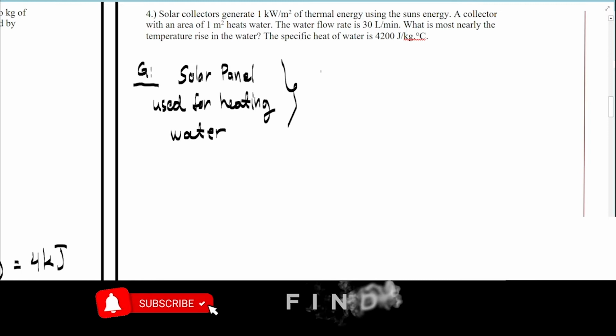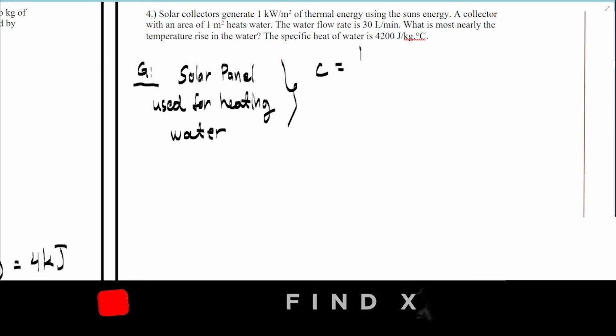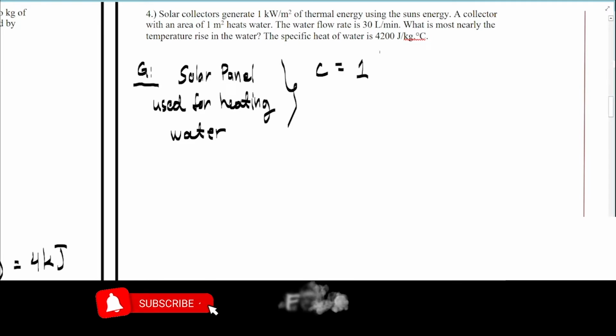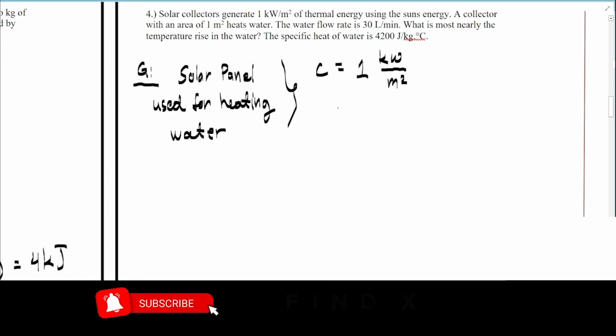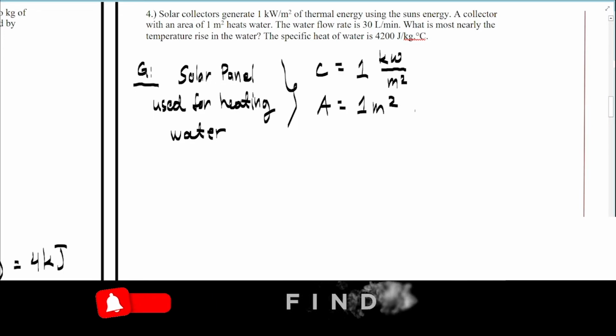The solar panel has, let's call it C, 1 kilowatt per square meter. That's the given that we have. And the area of the solar panel, let's call it A, is equal to 1 square meter. So that's easy.